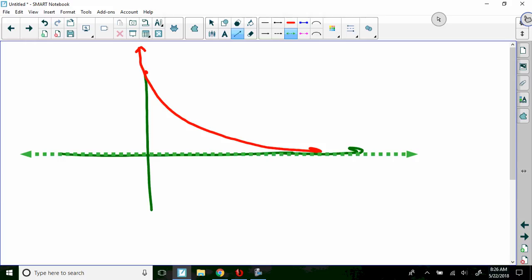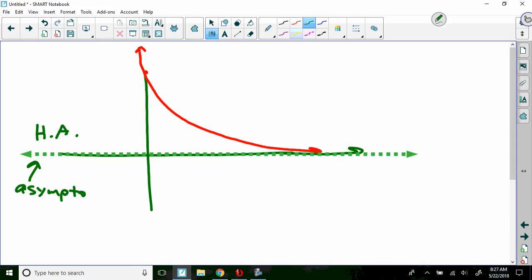We studied this in chapter 8. An asymptote, good. So this is an asymptote. When we get into graphing these things, we'll see that there's asymptotes.